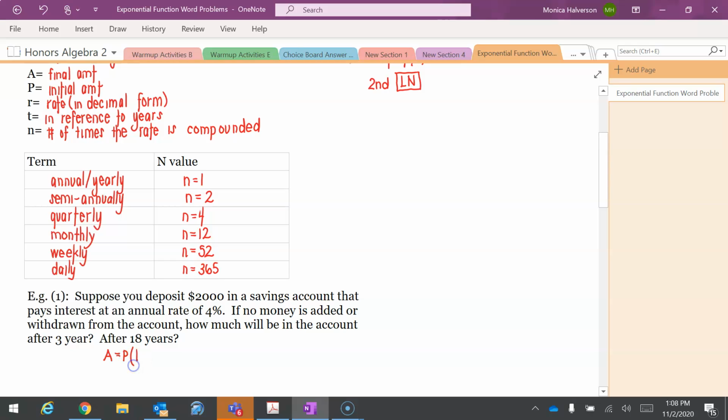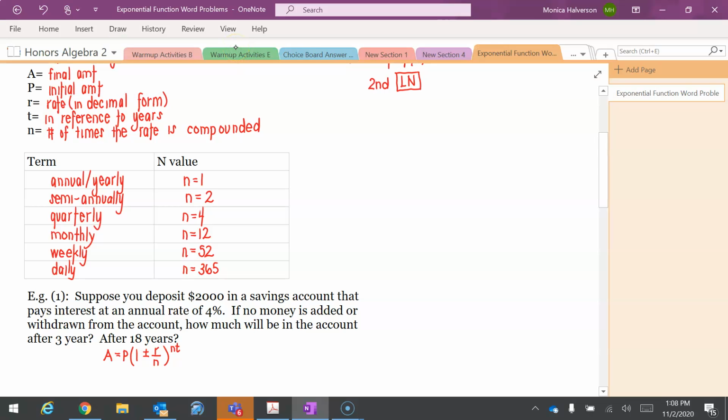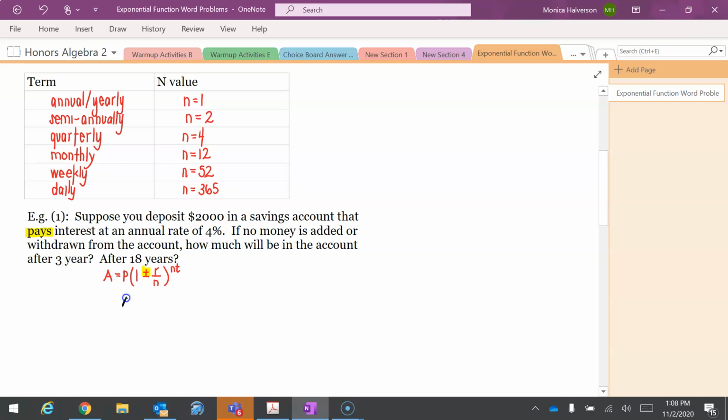A equals P times (1 plus or minus r over n), all raised to the nt. Now, after we decide that, we have to determine whether it's plus or minus. It pays interest. It's adding value, so we know it's going to be addition. So the actual equation we're going to use is A equals P times (1 plus r over n) to the nt.